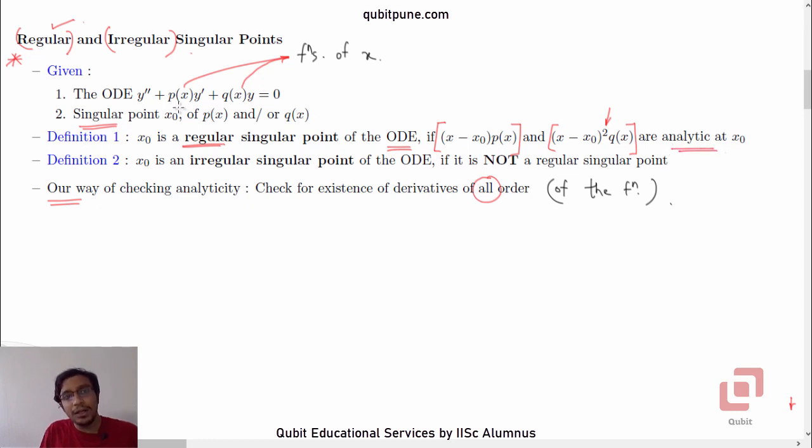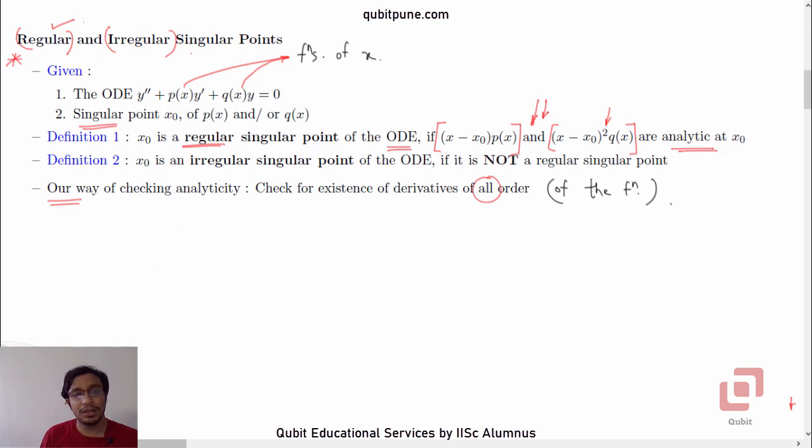So we already know that at least one of these two, p of x and q of x, is not analytic at x naught. But if you multiply p of x by x minus x naught and q of x by x minus x naught squared, and if you find that both of them are analytic, then we call such a singular point a regular singular point.